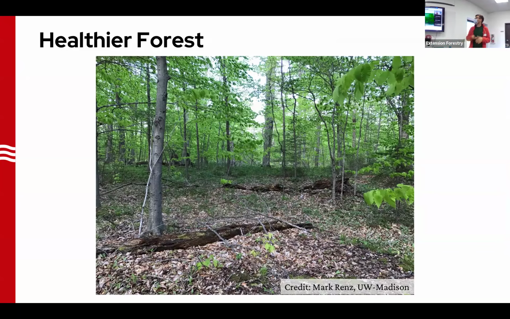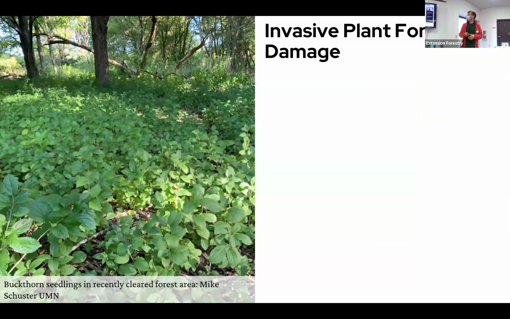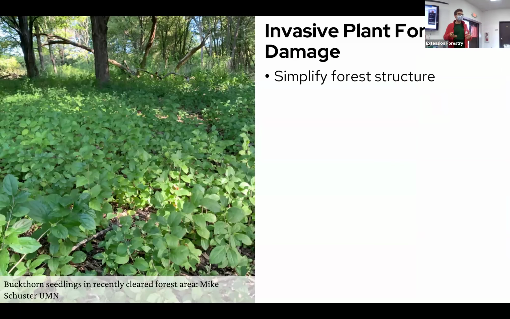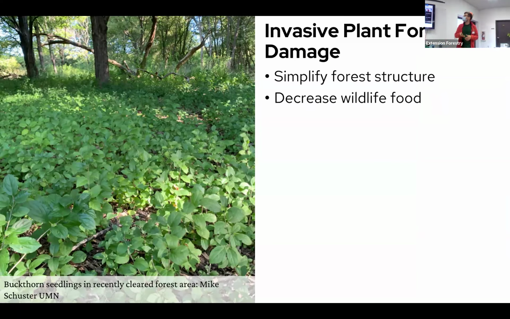In contrast, this buckthorn thicket is creating a wall of buckthorns. So in effect, this can simplify the forest structure. We don't really have an opportunity for a lot of species to grow because there's that huge wall of buckthorn. This can also decrease some wildlife food resources.